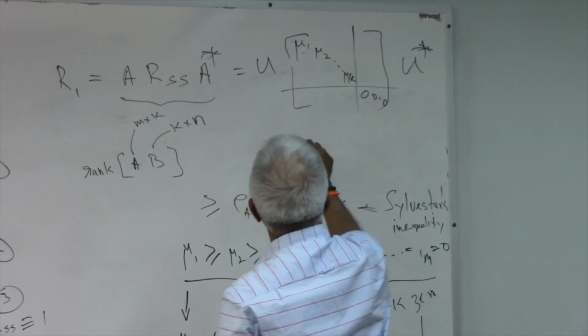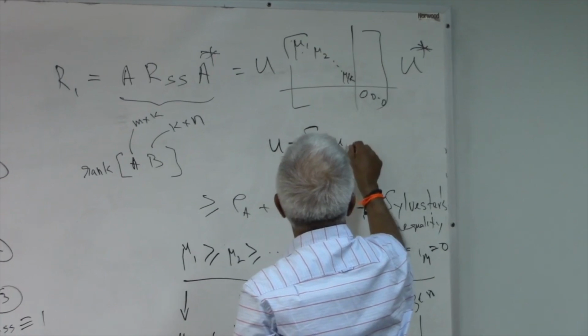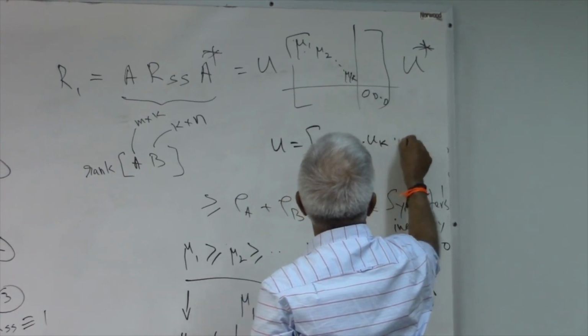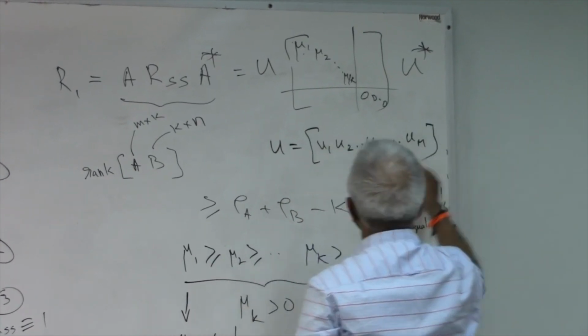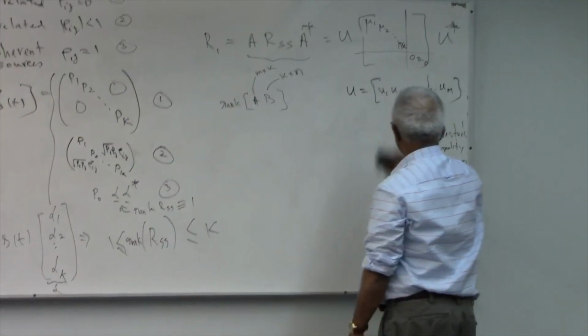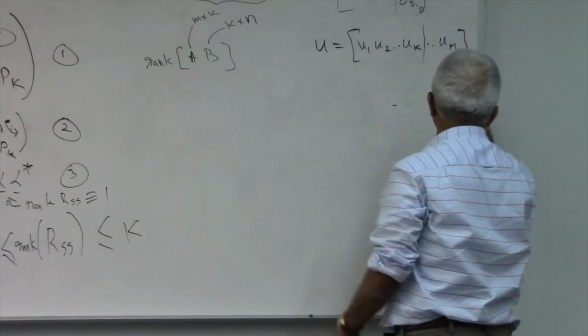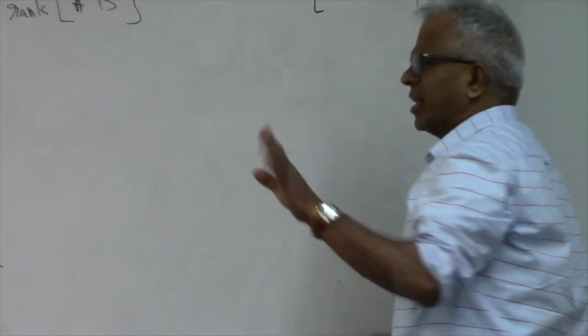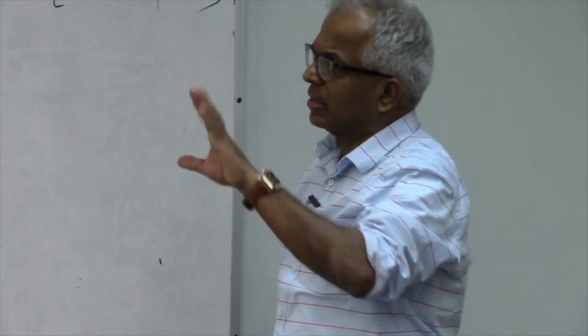Where U is u1, u2, up to uM. Okay, so that's the first consequence. Remember, we haven't used anything other than the fact that they are just uncorrelated signals.